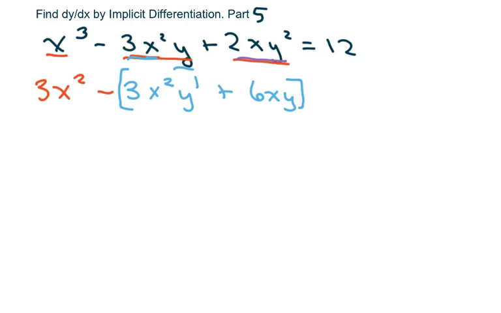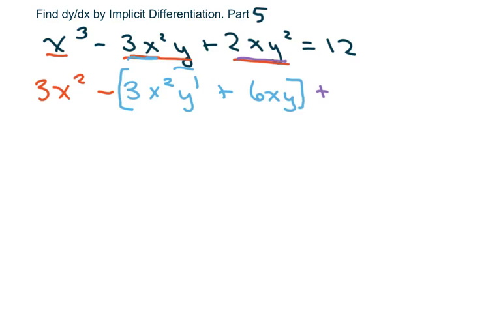So we're going to write down the 2, so that's going to be 2x times the derivative of, let's do the y first.